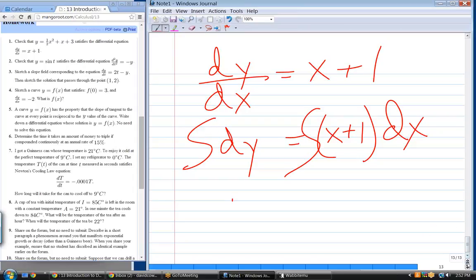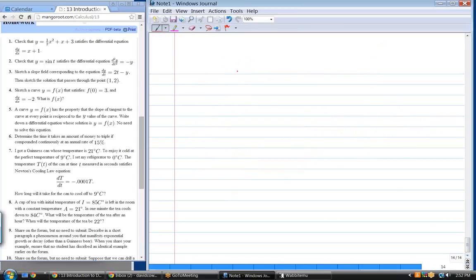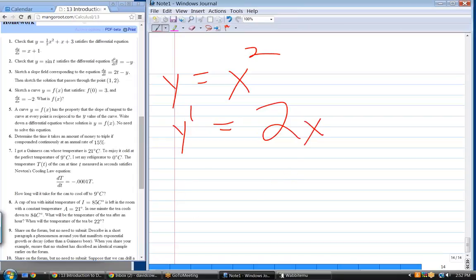Let's just talk about that for a second. Maybe that's what we should talk about here. If y equals x squared, then y prime equals 2x. And if this was the only thing you had, in other words, if I gave you what y prime was and I said, tell me what y is, you're going to use the reverse of the power rule.